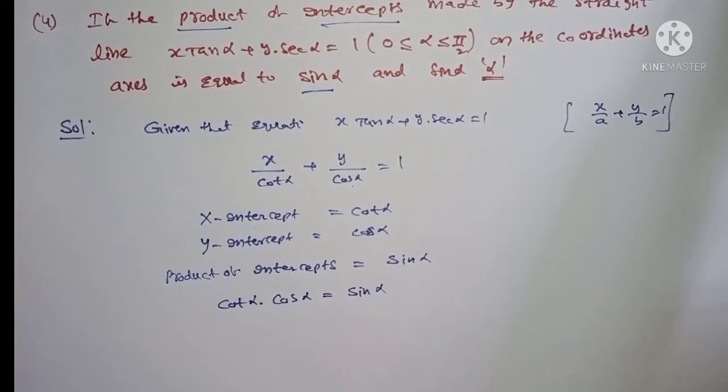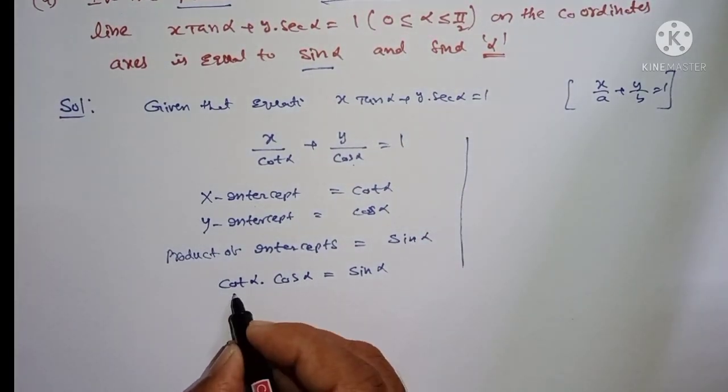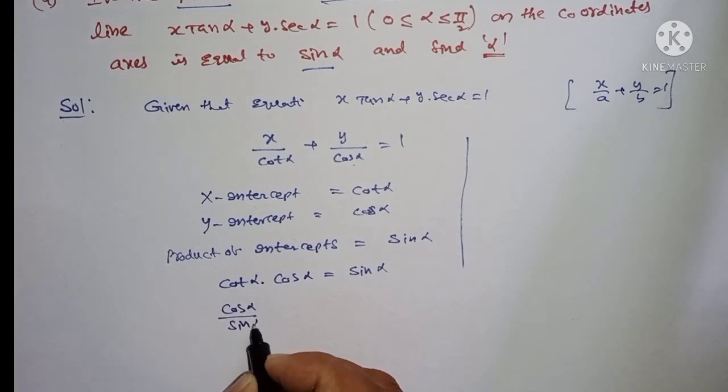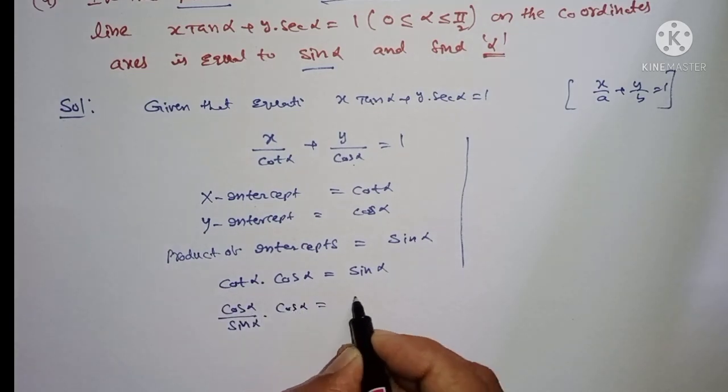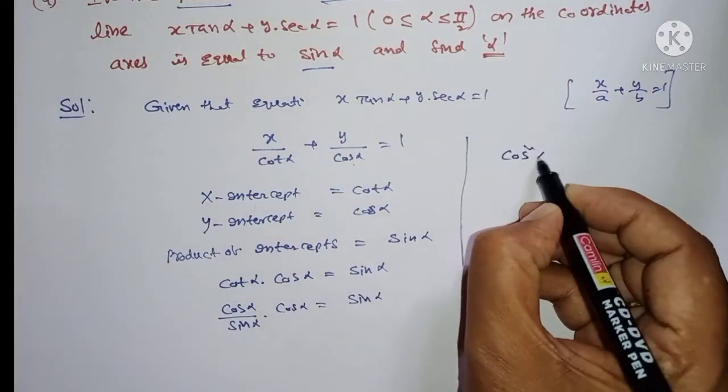Cot alpha into cos alpha is equal to sin alpha. Therefore, listen here, cot alpha I can write as cos alpha by sin alpha, into cos alpha is equal to sin alpha, or cos alpha into cos alpha I can write here cos square alpha.